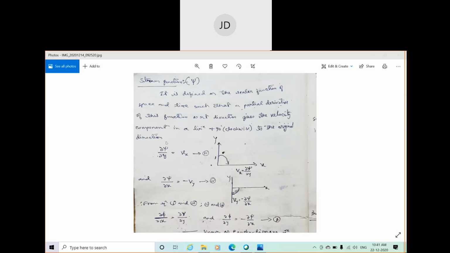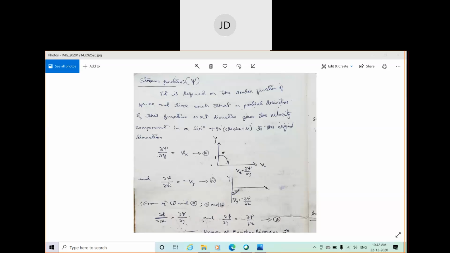Okay, so it looks similar, but there is a basic difference between stream function and velocity potential. In case of velocity potential, if you derive phi with respect to any direction, you will get the velocity component in that direction. But in the case of stream function, if you derive stream function with respect to any direction, say del y, you will not get Vy, you will get Vx.